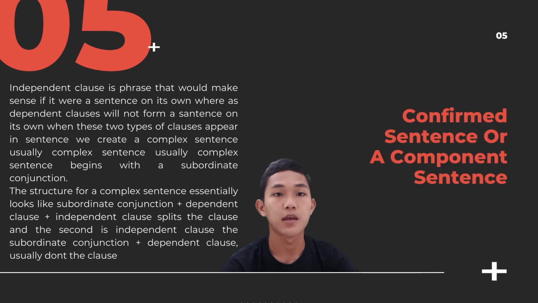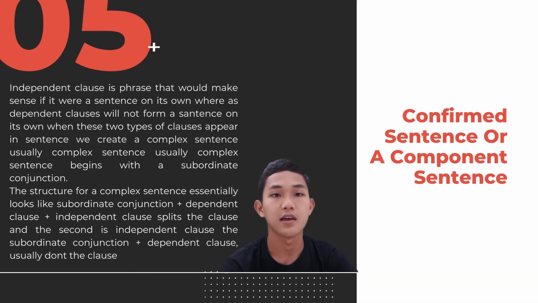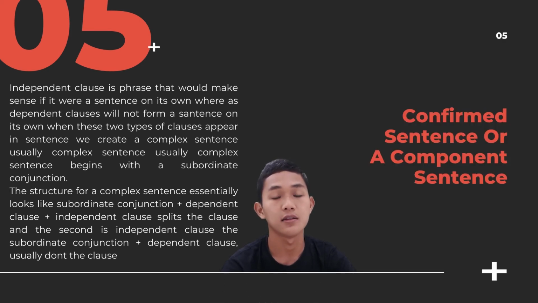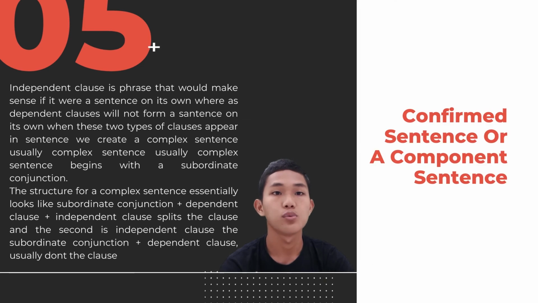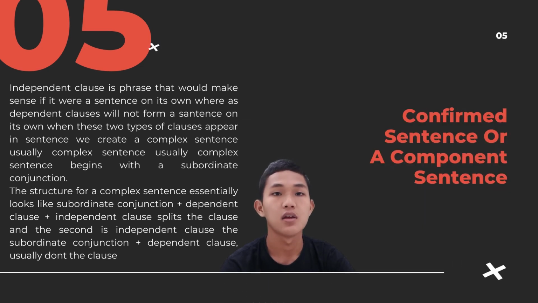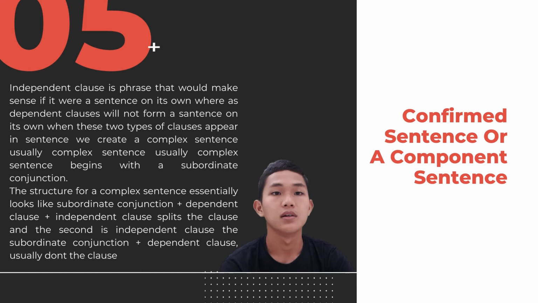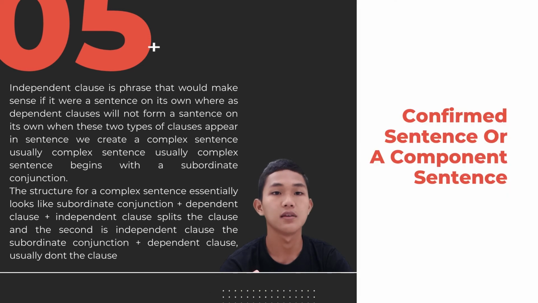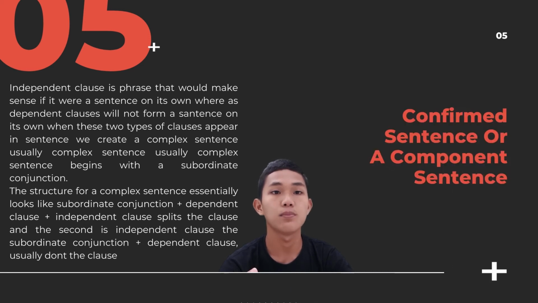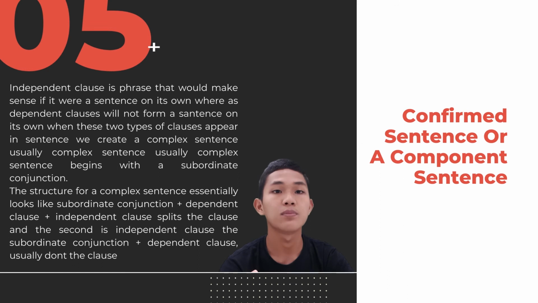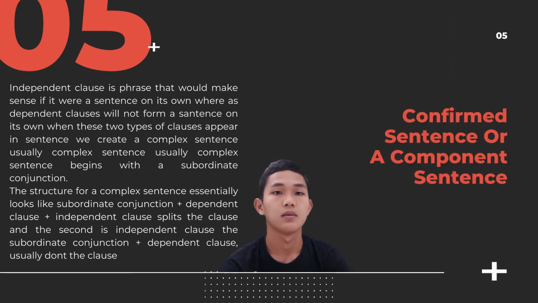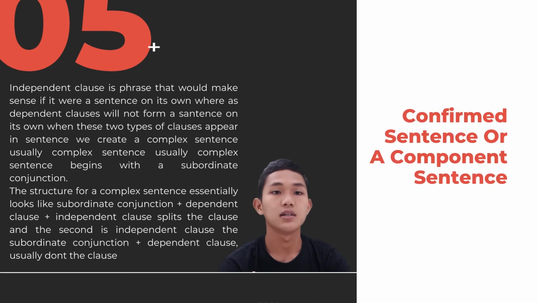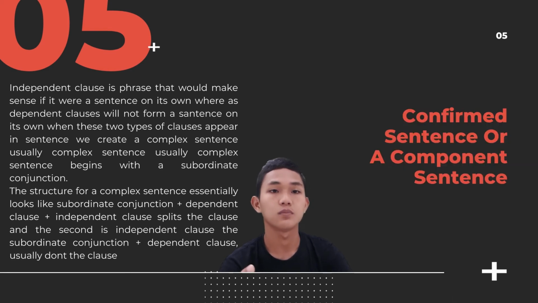An independent clause is a phrase that would make sense if it were a sentence on its own, whereas dependent clauses will not form a sentence on their own. When these two types of clauses appear in a sentence, we create a complex sentence. Usually a complex sentence begins with a subordinate conjunction.